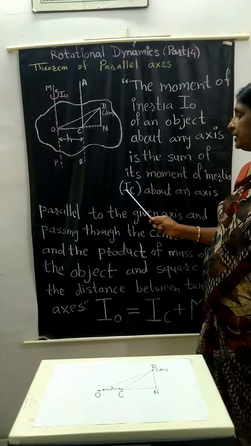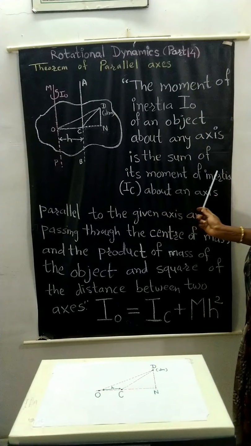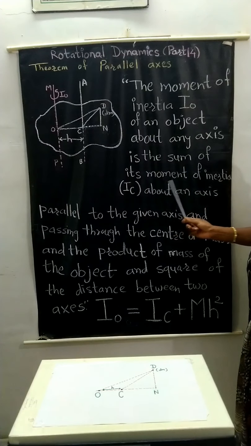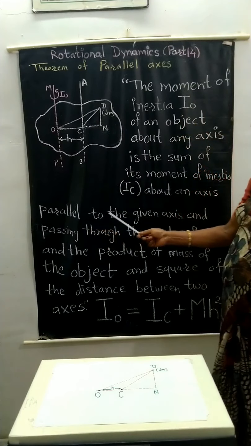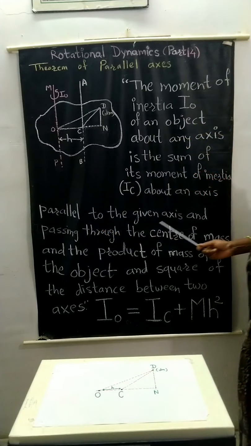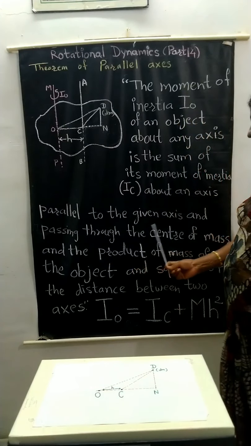Therefore, it is written as IC. So, IC denotes the moment of inertia about an axis parallel to the given axis and passing through the center of mass of the body.